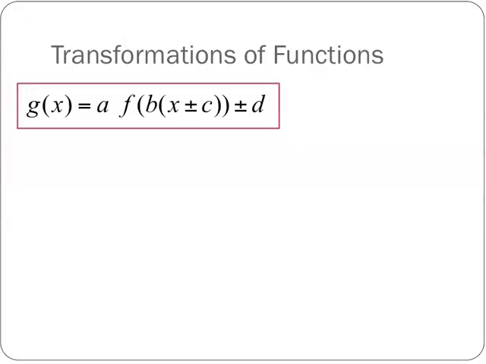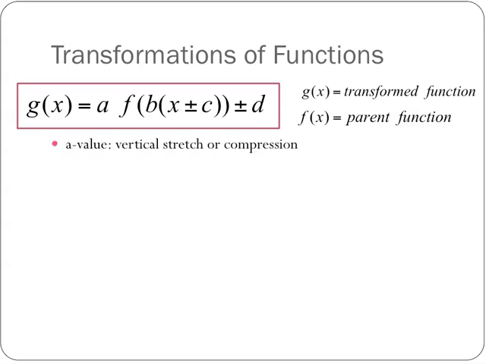So here's the general equation. Say that g of x is your transformed function, and f of x is the parent function. All the letters A, B, C, and D correspond to some sort of transformation. As a general overview, the A value represents a vertical stretch or compression.